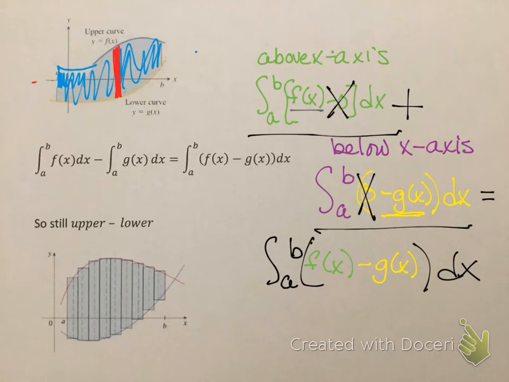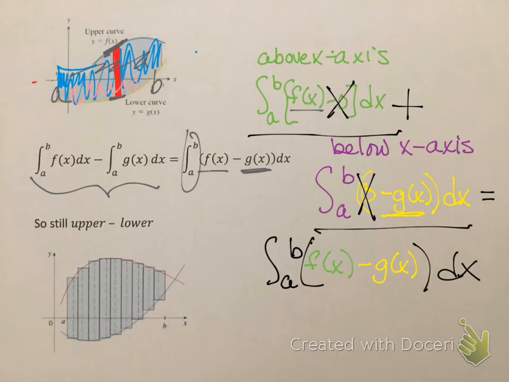Do you see that I can write the top of this, f of x, minus the bottom of this, g of x dx from my boundaries A to B. So this right here, even though part of it's above and part of it is below, it doesn't matter.